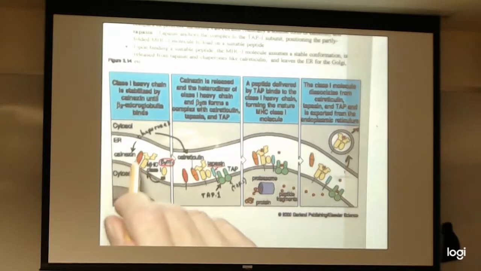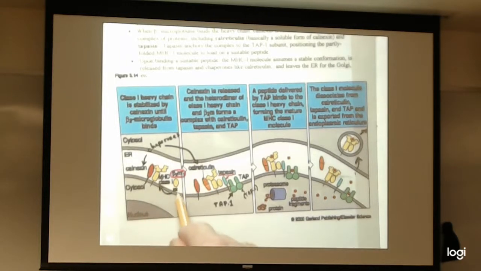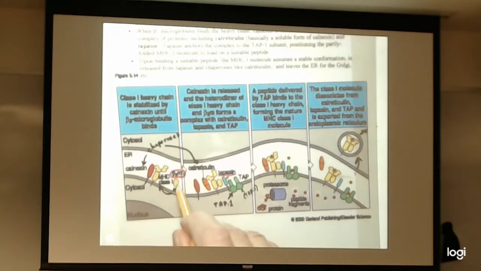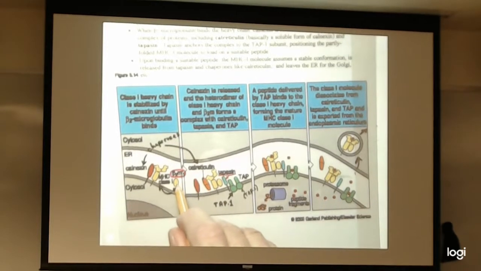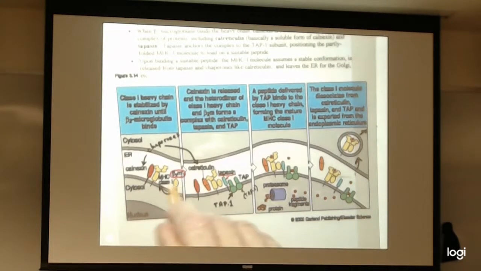So calnexin comes into play, okay? And we're now waiting for the newly made mRNA for this protein, beta-2 microglobulin. Beta-2 microglobulin is a protein which is secreted to the outside world. And so it's also made by membrane ribosomes and finds itself in the lumen of the ER by that same process of co-translational translocation.